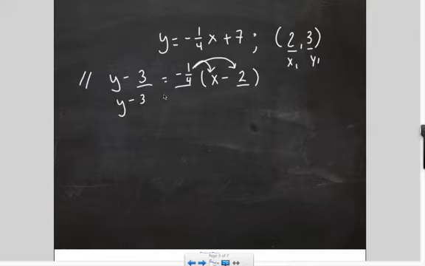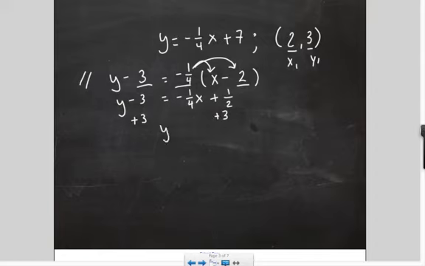If it's in slope-intercept form, I would simplify down. So -1/4 times x is -1/4 x. -1/4 times -2 makes it plus, but 2/4 is 1/2. Then I would add 3 to each side.